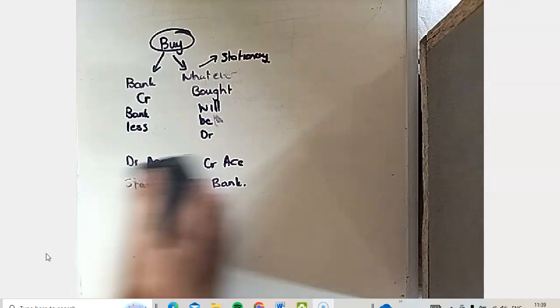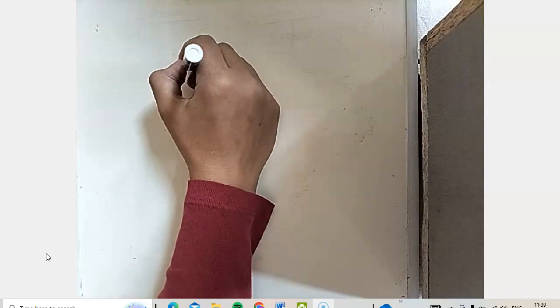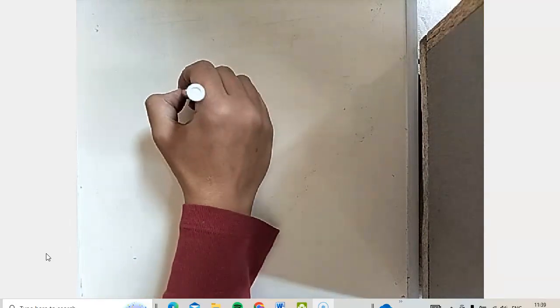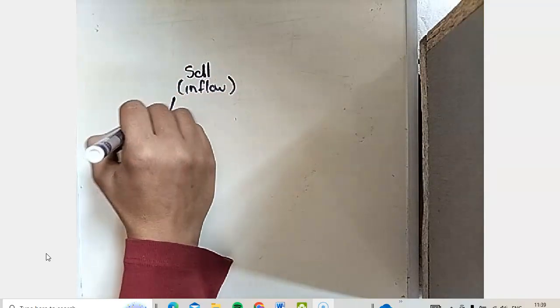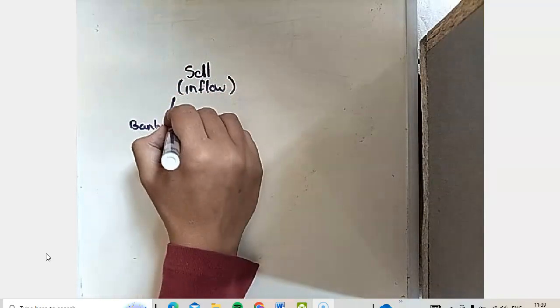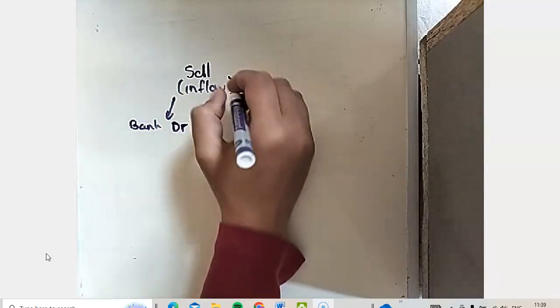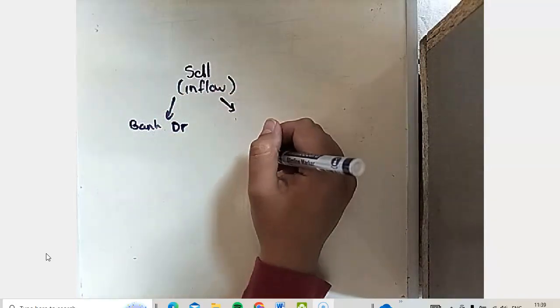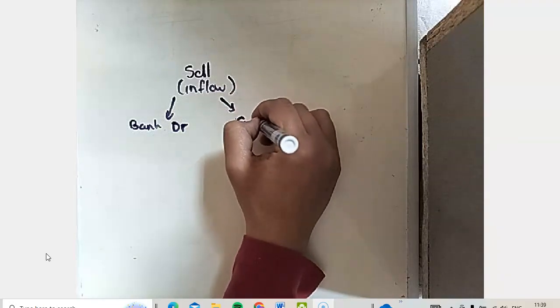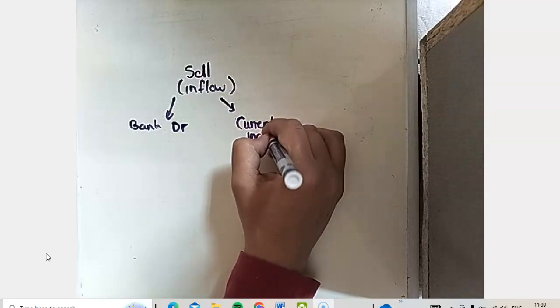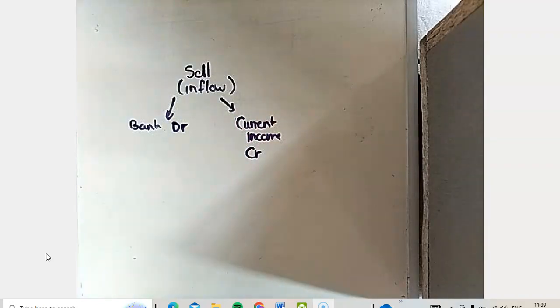But now when you sell for cash, what will happen? Then your bank will increase. So you sell, so it's an inflow. If it's an inflow, bank will be debited, and whatever you sold, like sales or current income, let's say current income, it will be credited.